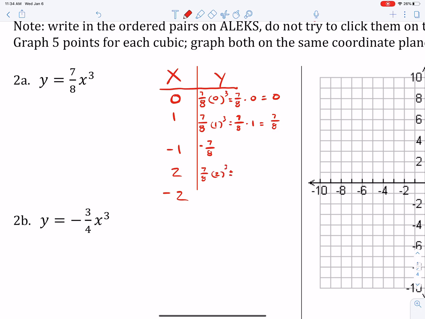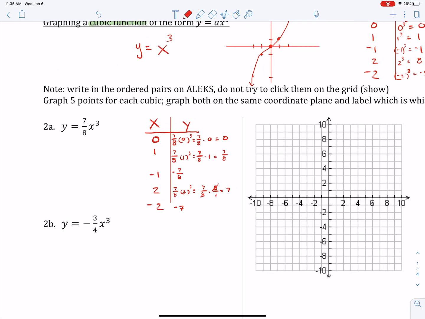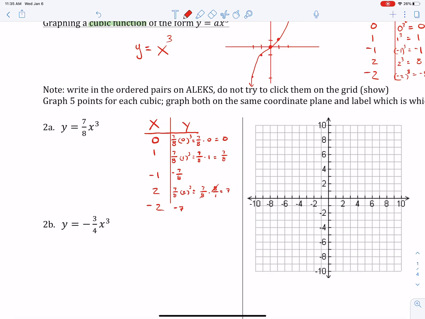That gives me 7/8 times 8, which is just 8 over 1, and our 8's cross cancel. That just gives me 7. And I know this, since it's a -2, it'd just be the reversal, so it'd be -7. I did this fast because we have so much practice with this using x squared. X to the cube is just another level up.